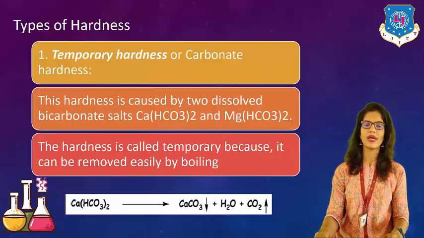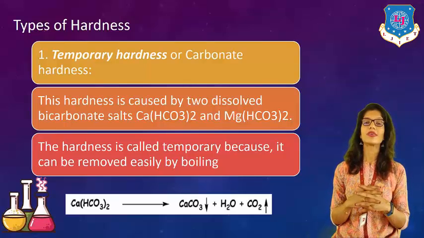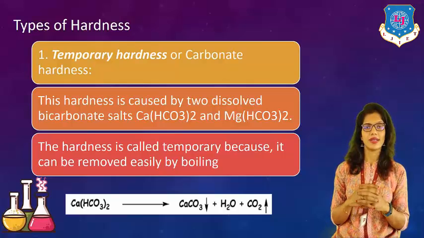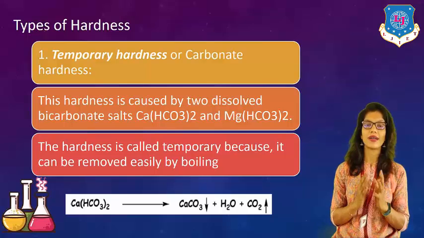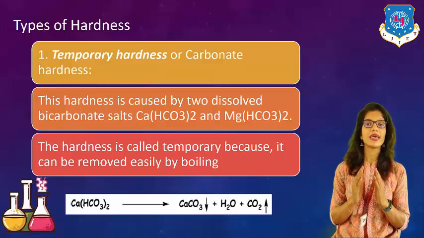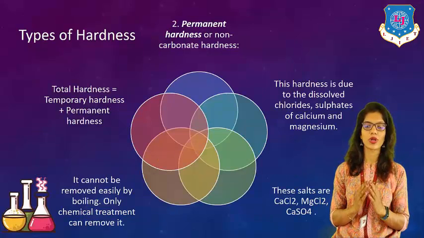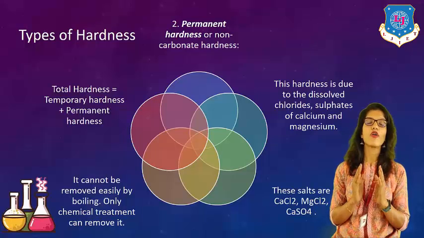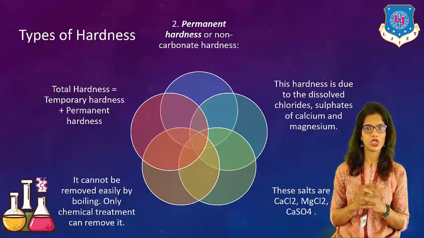Okay, now let's begin with another one, which is permanent hardness. What is the meaning of permanent hardness? It is known as non-carbonate hardness. Here, what we need to take into account is that this hardness is due to the dissolved chlorides and sulfates of calcium and magnesium.